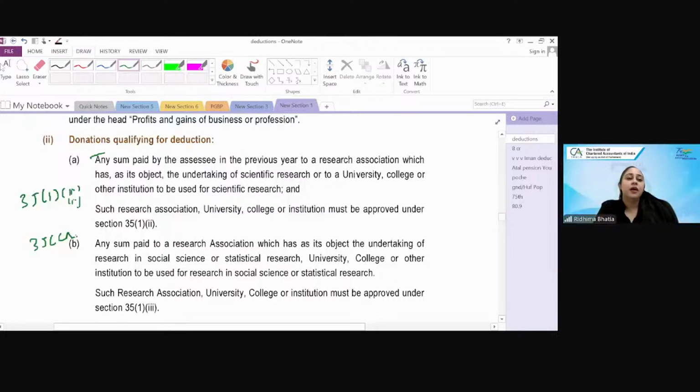For whom is this, where is the deduction available? In your PGBP income. Now suppose I am an assessee who does not have PGBP income, a salaried person, and if I have to make a donation for scientific research, then where will I get the deduction? That is under this particular section 80GGA.